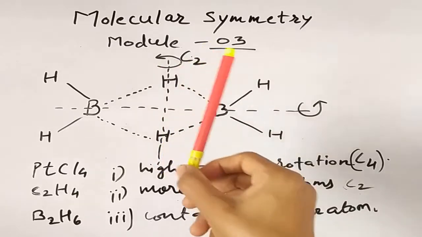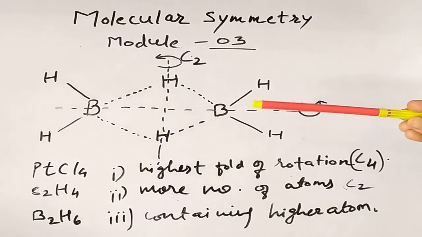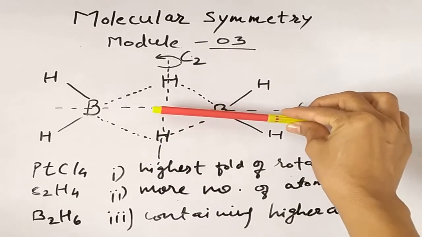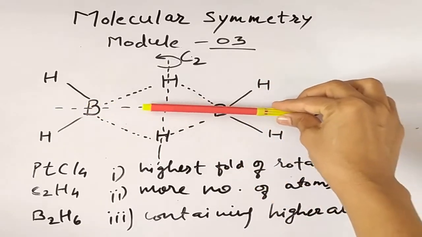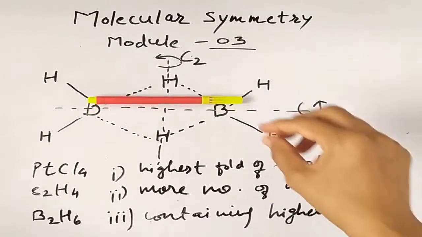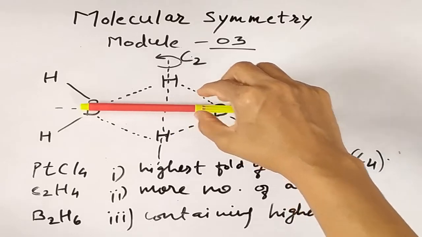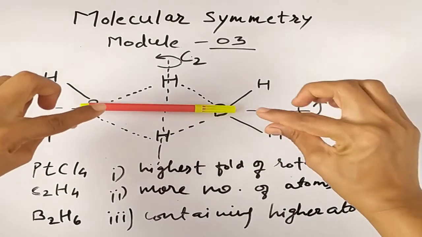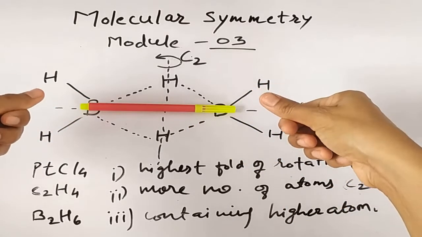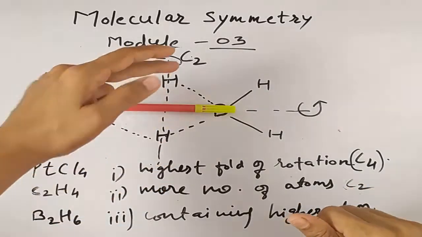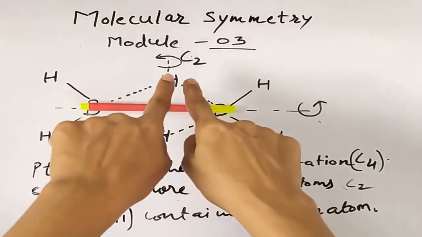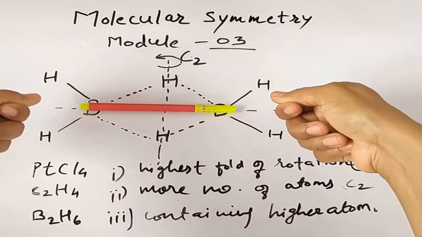Another way, we can rotate the molecule by passing an imaginary line through the two borons. If we pass the rotational axis like this, then along this also the molecule will be rotated. All these 3 hydrogens will get overlapped with these 3 hydrogens.